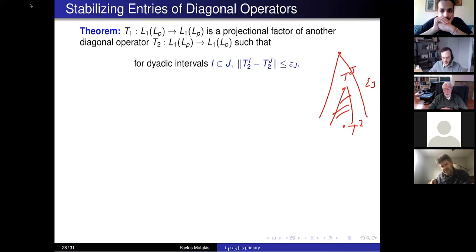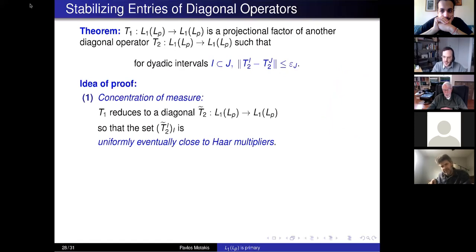And let me just tell you some idea about the steps. So the first thing you have to do, and this is the most involved part of the whole paper, is you have to use a concentration of measure argument to show that your diagonal operator T1 reduces to another diagonal operator T2, so that its entries are uniformly eventually close to Haar multipliers.